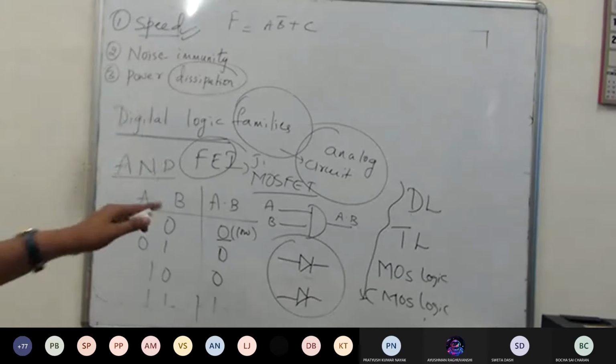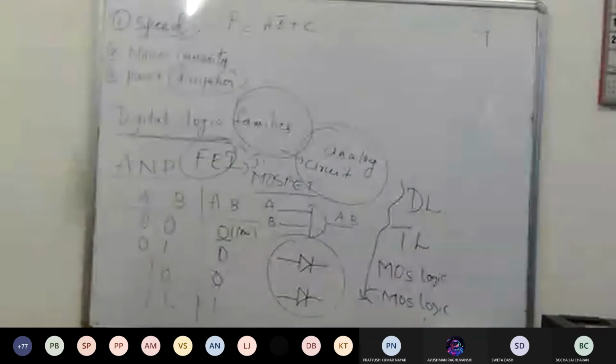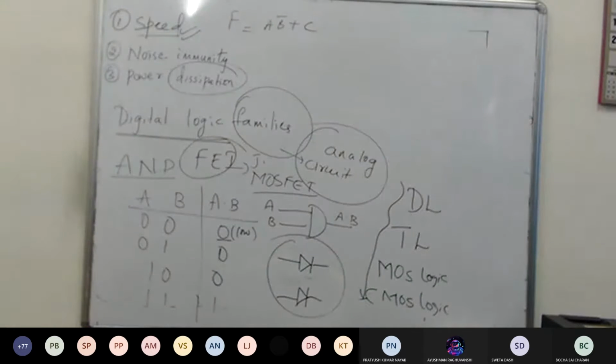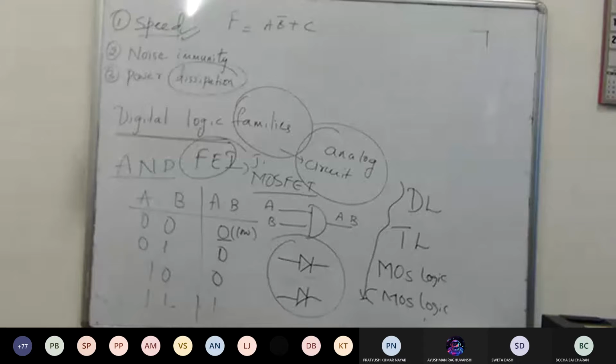So this is the function, AB bar plus C, and you have to build this logic on a circuit. Please try to understand, we will go step by step. I require a NOT gate, an AND gate, and an OR gate. Is that correct?